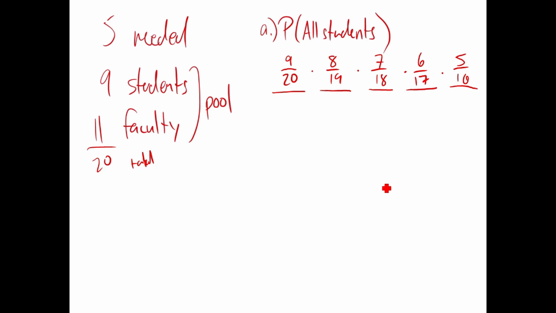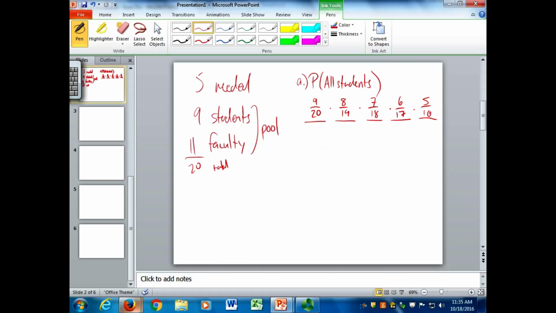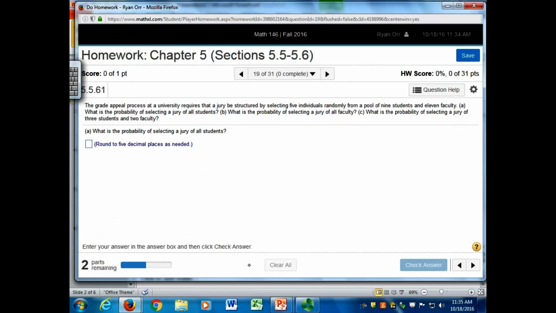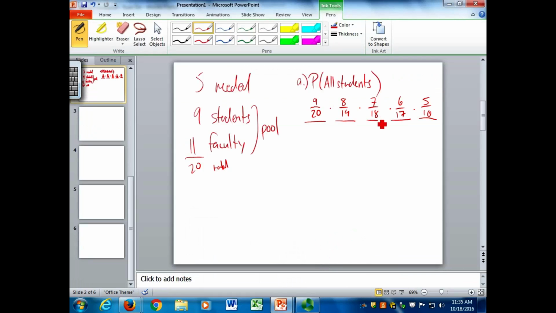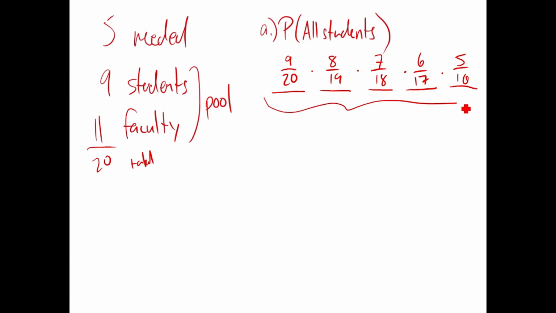Now the thing is that, well, let's see, does order matter here? This is the probability of picking students, but then you also have to consider the fact that these could be different students in each section. So then you also have to say, okay, well this is the actual probability, but then how many ways could you pick 5? Right?